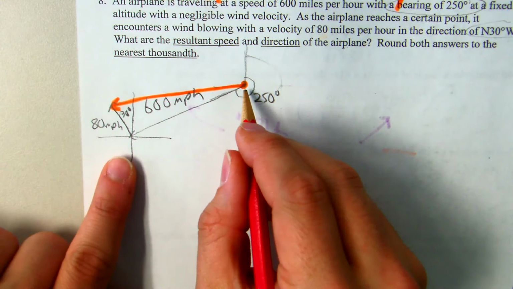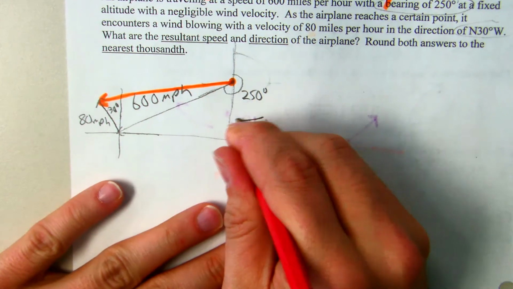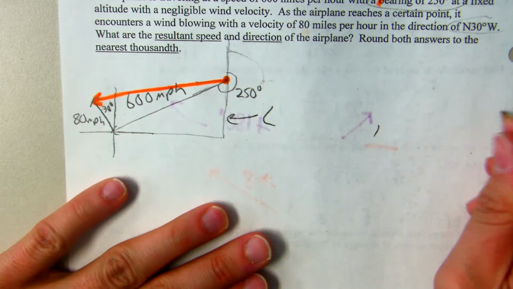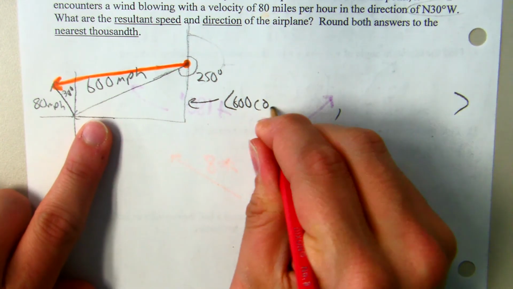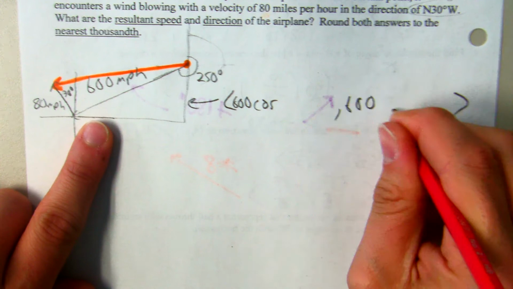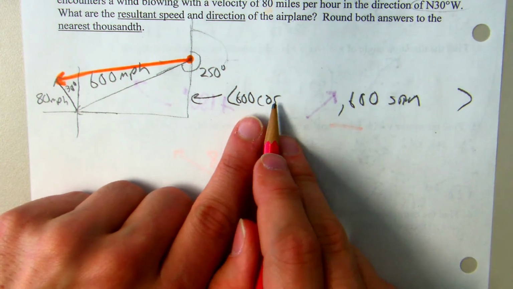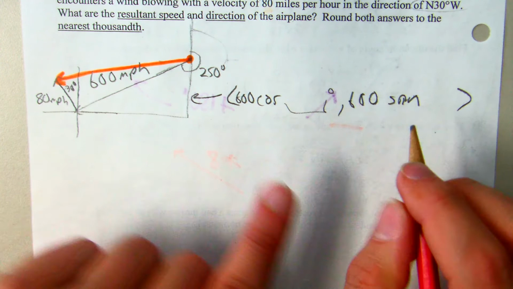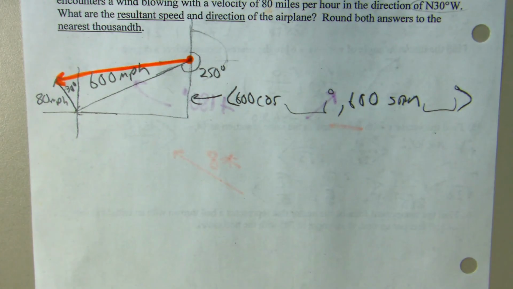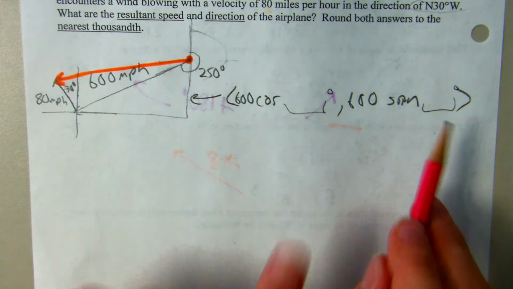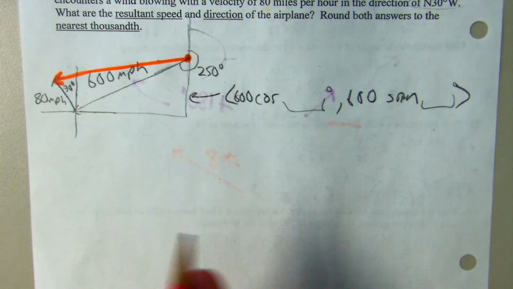So I can figure out exactly what the plane's doing by breaking it into component form. It's going 600 miles per hour, so 600 times cosine of the angle i plus 600 sine of the angle j. I'm just putting in the arrows instead of i and j, and I'm leaving the angle blank for just a second, because I want to come back to that.